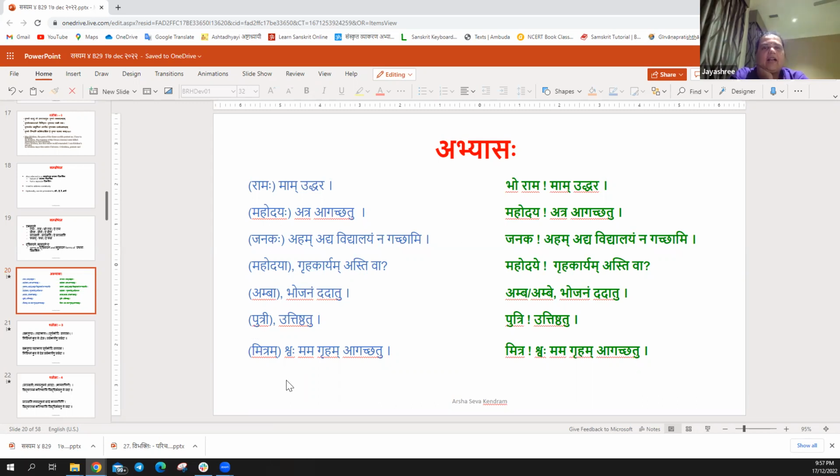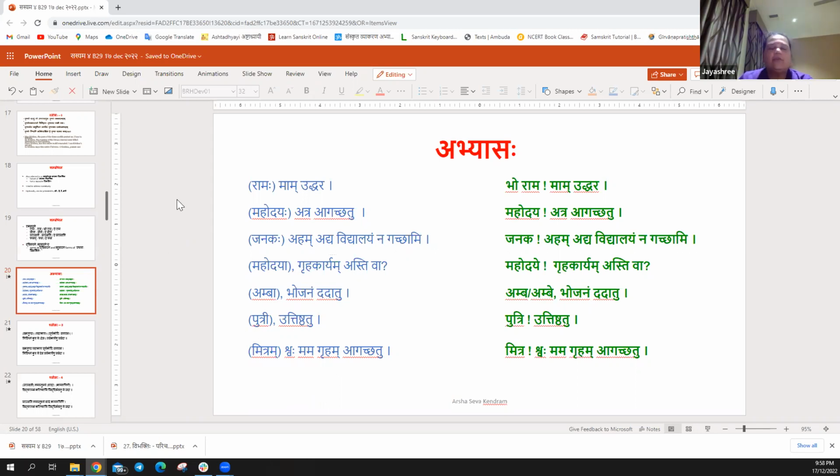Agacchatu, in English, might translate to please come. So mitram, hey mitra can also be said. Bho mitra, hey mitra is better, or re mitra. Shvaha mama griham agacchatu.